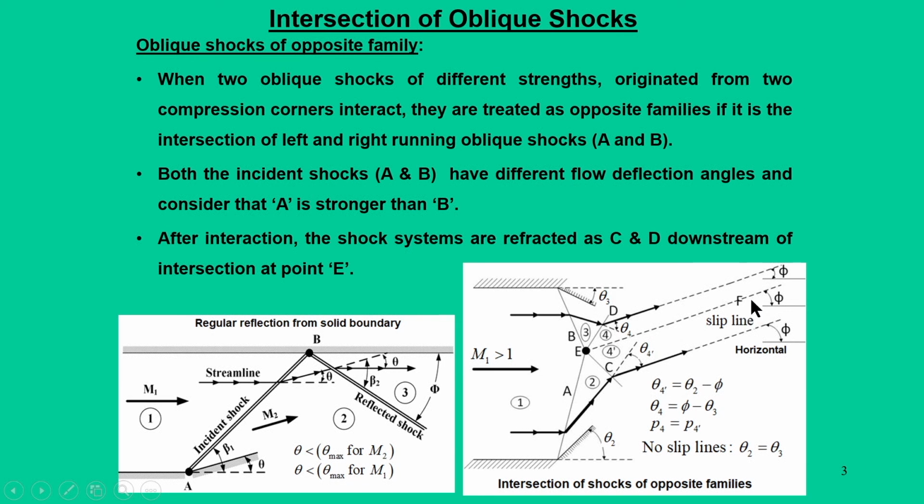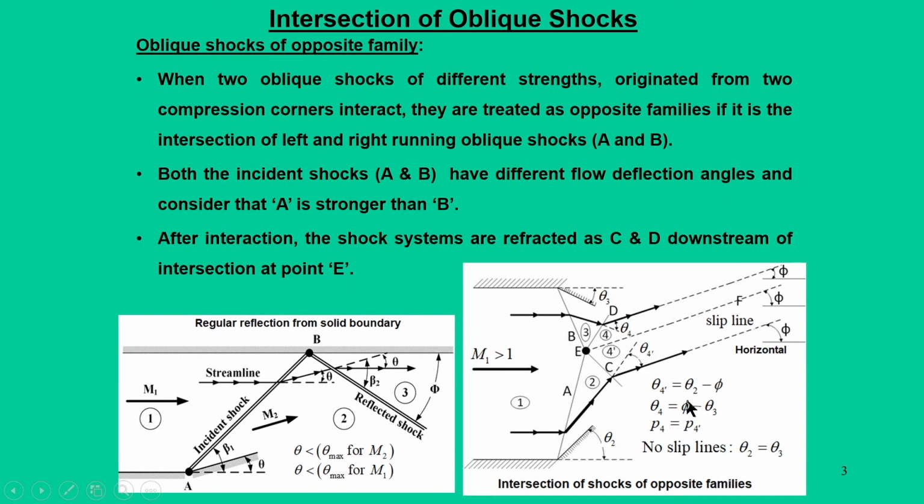Based on this slip line, and since they will have the same direction, the angle theta 4 dash can be calculated from the information with respect to theta 2, and theta 4 can be calculated from the information with respect to theta 3.